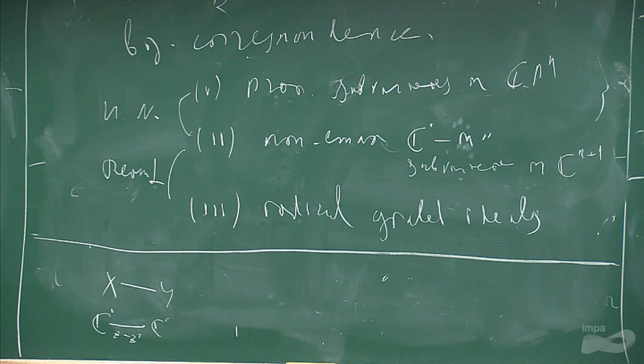The main idea is the following. The set of coordinates which you get from CPN is just a set of coordinates, and you want to be coordinate free.